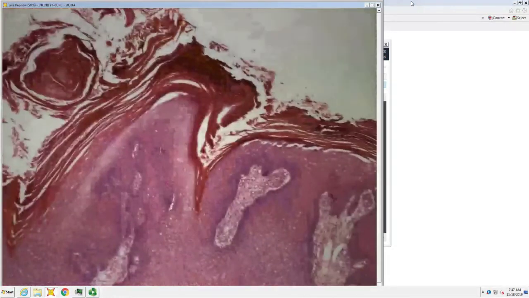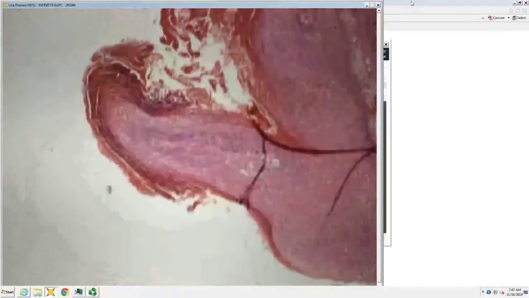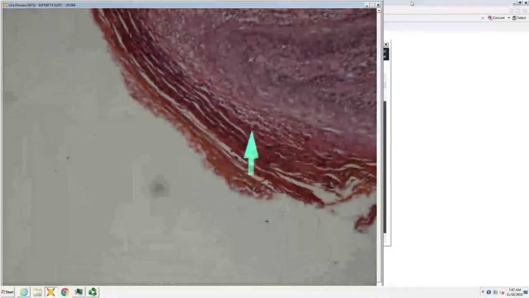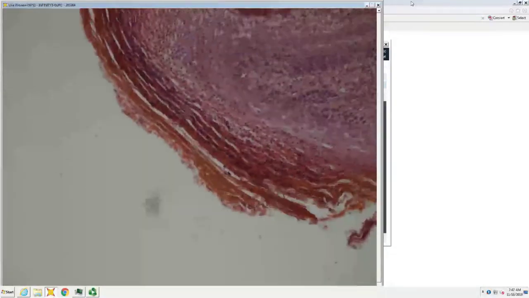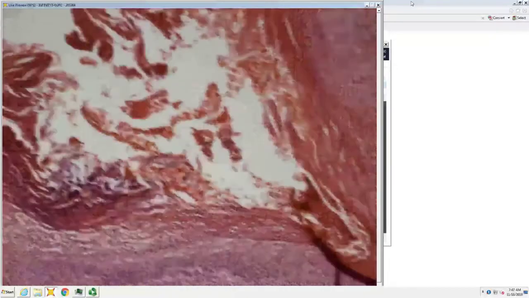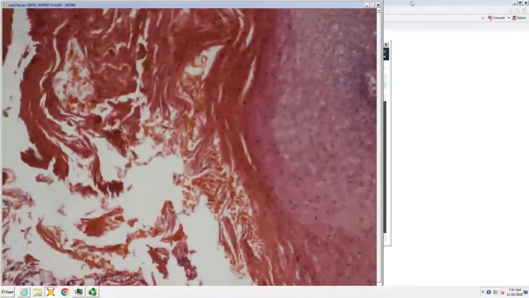There's a lot of parakeratosis. Yeah, lots of parakeratosis. What else? Looks like lots of neutrophils in the horn. So give me a differential for neutrophils in the horn. Psoriasis, tinea, impetigo, candida, secondary syphilis.